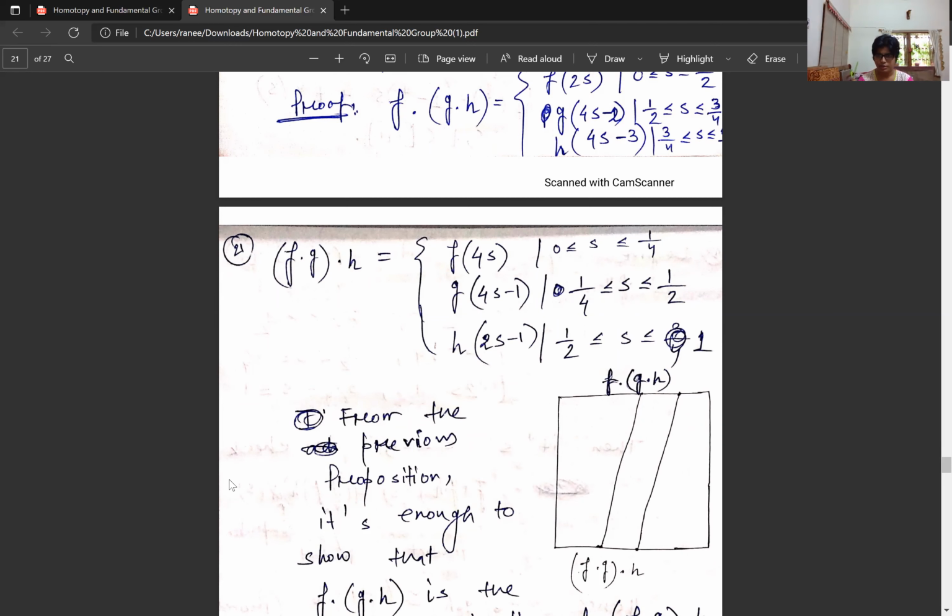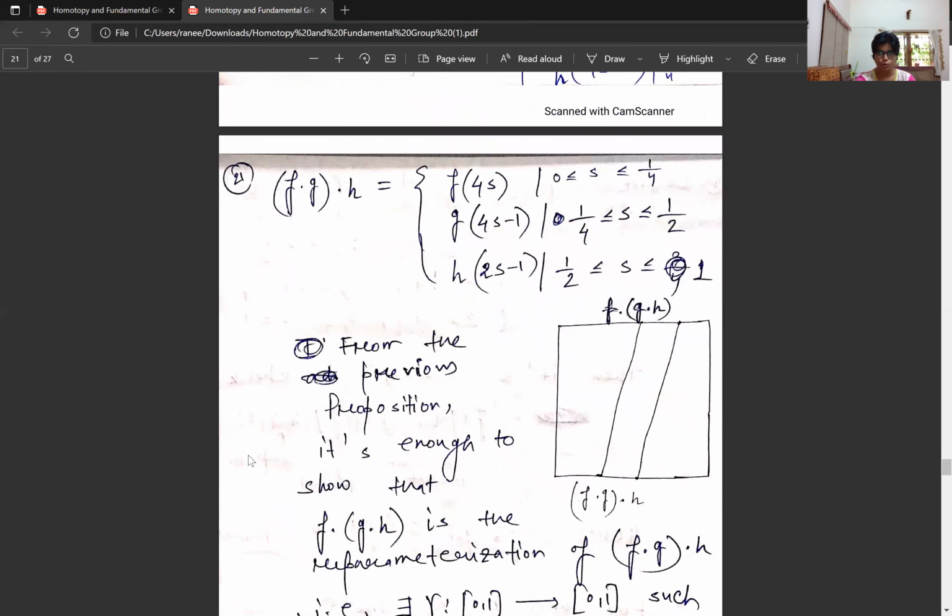And you can see from the formulation that F of 4s for 0 to 1 over 4, and then G of 4s minus 1 for 1 over 4 to half, and H of 2s minus 1 from half to 1. I'm not putting much attention on this because these are not very important things to think about. But you can actually do it rigorously to see what is happening where.